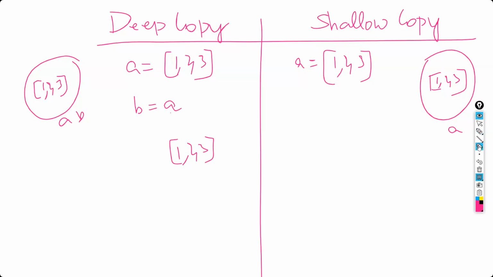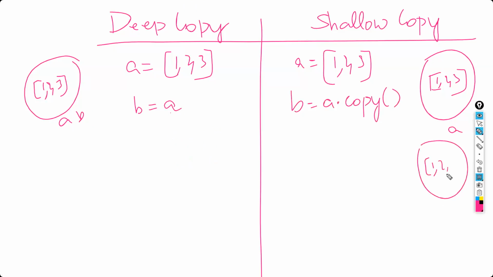Now, here what I'm going to do is B is equal to A dot copy. Clearly I'm writing dot copy. What is meant by dot copy? Copy the values only, but not the object. It will take the values 1, 2, 3, and it will create a separate object. That is the difference between both of them.